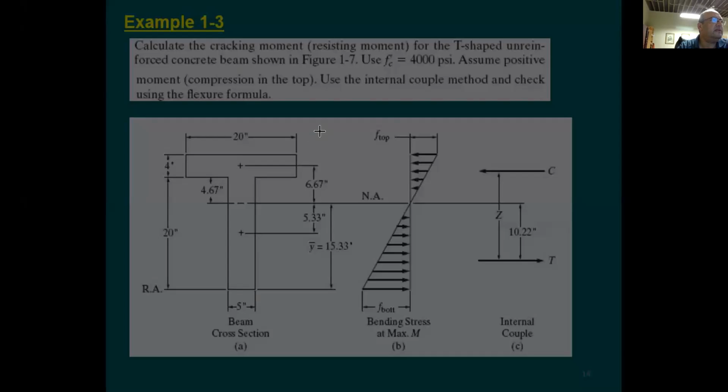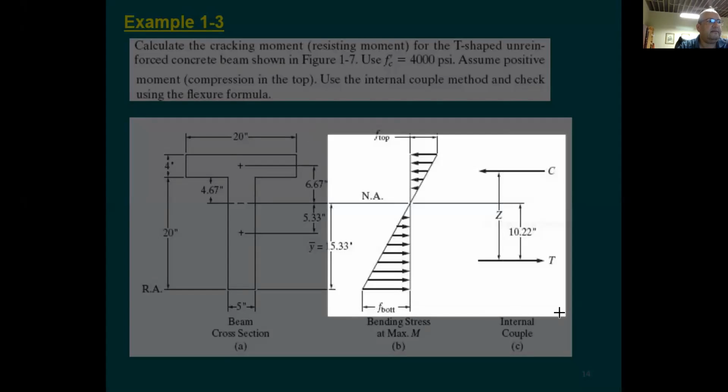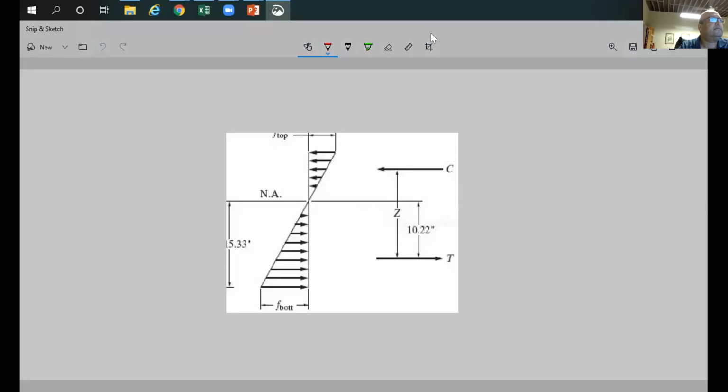So let me borrow this for a second. Let me see, what do we have in here? Here's the flange. The flange is going to be in here. This here is going to be C1. This here, for this triangular shape, is going to be C2.